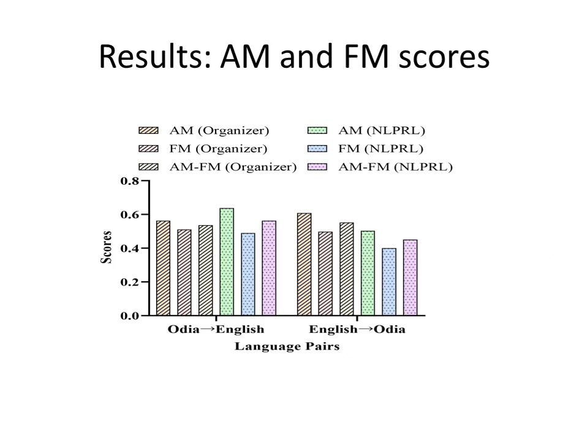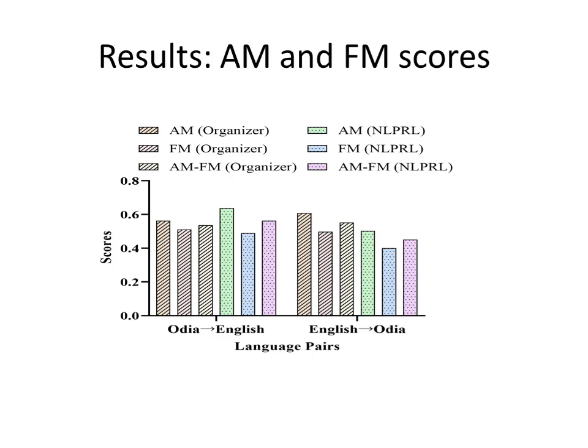These are the results of adequacy and fluency. The left half of the diagram is Odia to English compared with the organizer, that is the baseline, and our score, and the right half of the diagram is English to Odia, compared with our score and the organizer's baseline. Our AM-FM fluency score in Odia to English is 0.4898, and adequacy score is 0.6377.